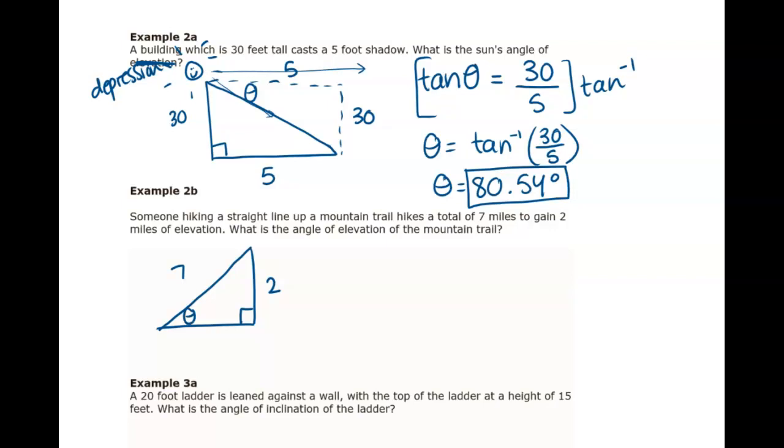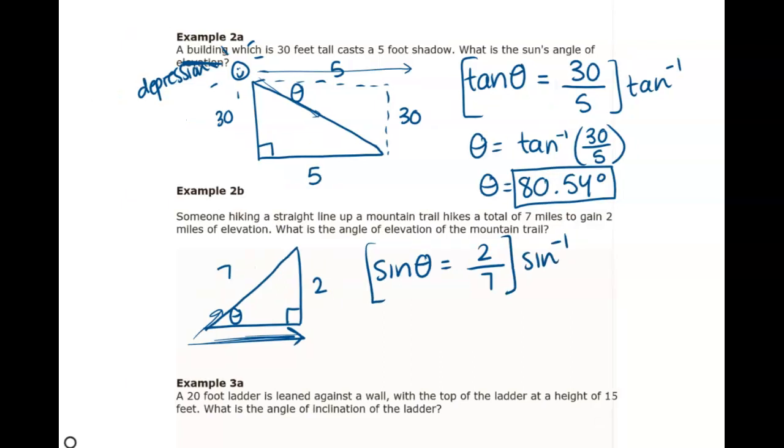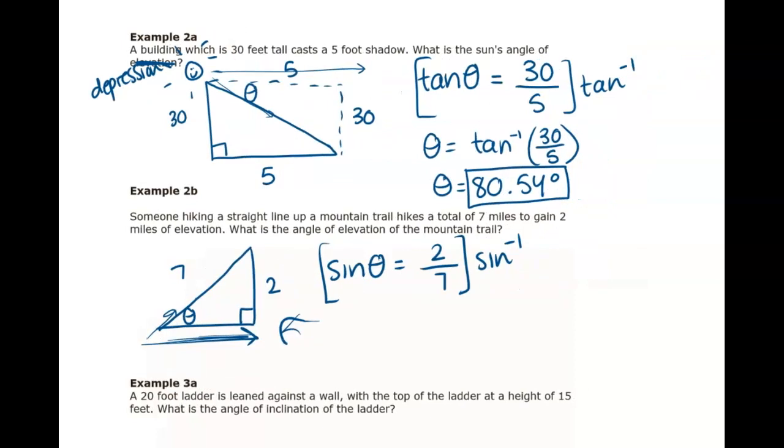Essentially, if you were laying on the ground looking straight out, you'd be going this way. But we're looking up from there. So that's our angle of elevation. So we have opposite and hypotenuse. So sine of theta, 2 over 7. Inverse sine both sides. Sounds kind of weird, but that'll cancel out. We'll get theta equals inverse sine 2 over 7, which is 16.6 degrees.